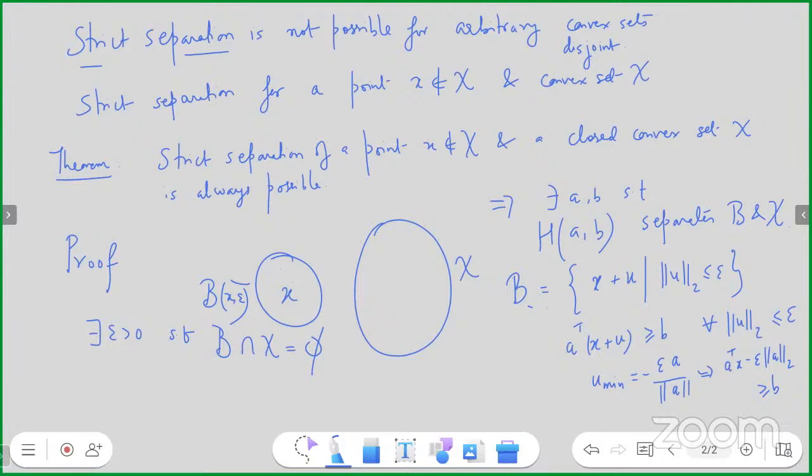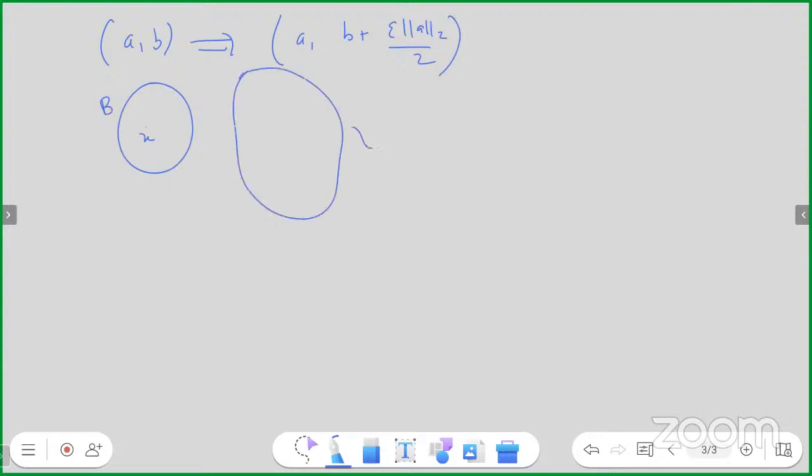So A comma B is going to A comma B plus epsilon A by 2. Now give me the punchline: why does this hyperplane strictly separate point X, around which I drew this ball B, and this set chi? Now there is nothing to be done.